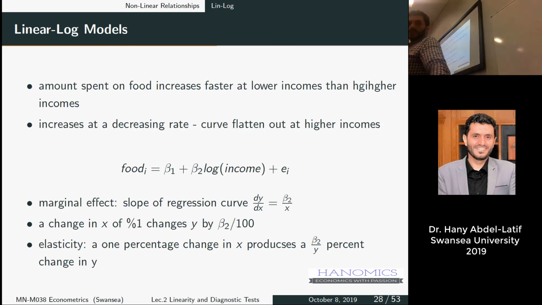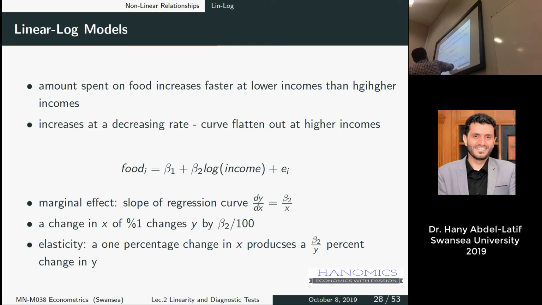In this case, going back to the food example, if you believe the amount spent on food increases faster at lower income, meaning those who have higher income probably will not spend as much on food, because compared to their income it's a very small amount compared to what they receive, then it's better to have the log on the right-hand side if you think the curve will look like this.